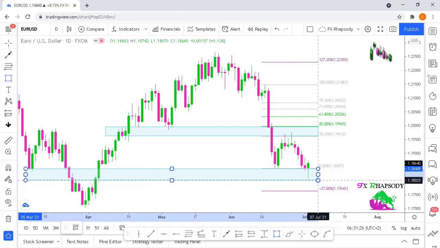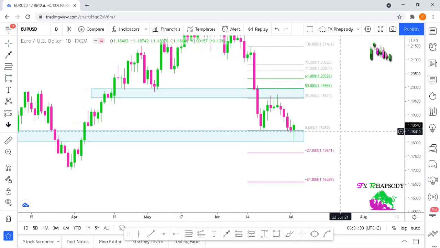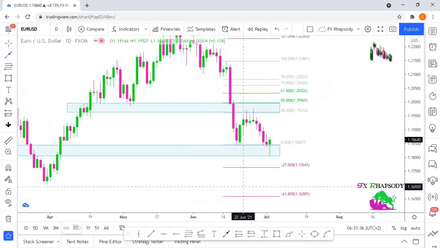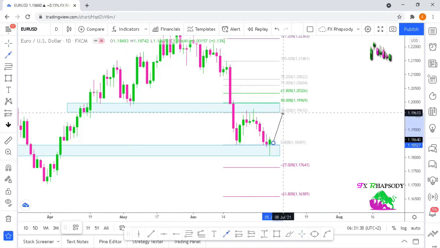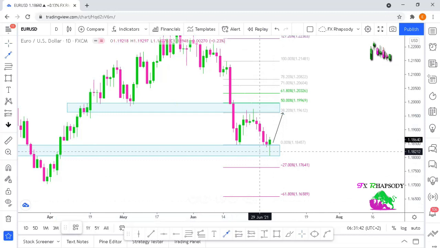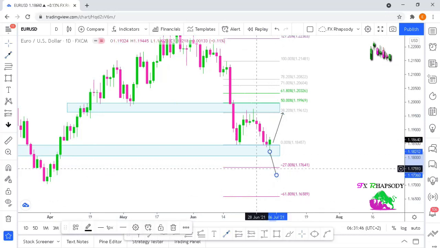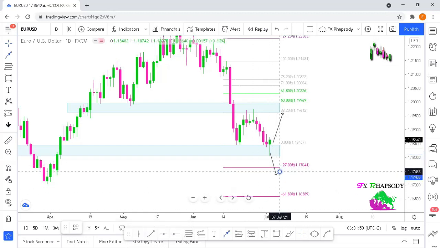In order for us to take this sell, we need price to break this area of support that it is currently in. So either price is going to shoot up again to test that 38.2%, or price might come to the downside, break it, hit this area of the minus 27%, come up to retest it, and then go to the downside.